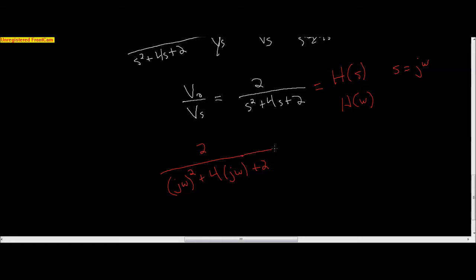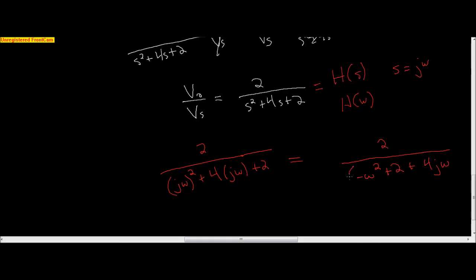Alright, and we know that j squared is just -1, so let's change that as well. So this will equal 2 over negative omega squared, right, because there's a -1 in front of it, because j squared equals -1, plus 2 plus 4j omega.